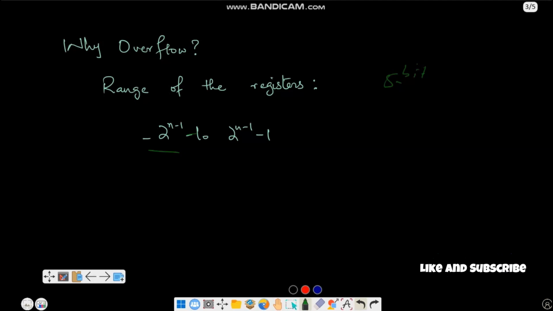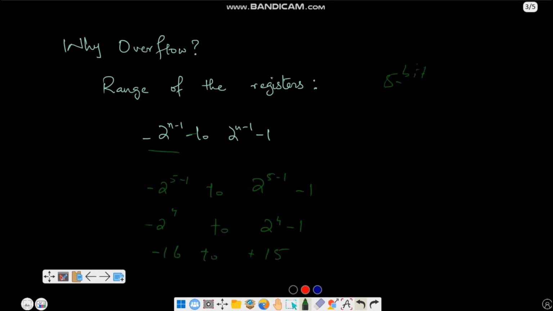So if I do minus 2 power 5 minus 1 to 2 power 5 minus 1, what will I get? I'll get minus 2 power 4 to 2 power 4 minus 1, which will become minus 16 to plus 15, because I am subtracting 1 from 16. So this is the range.